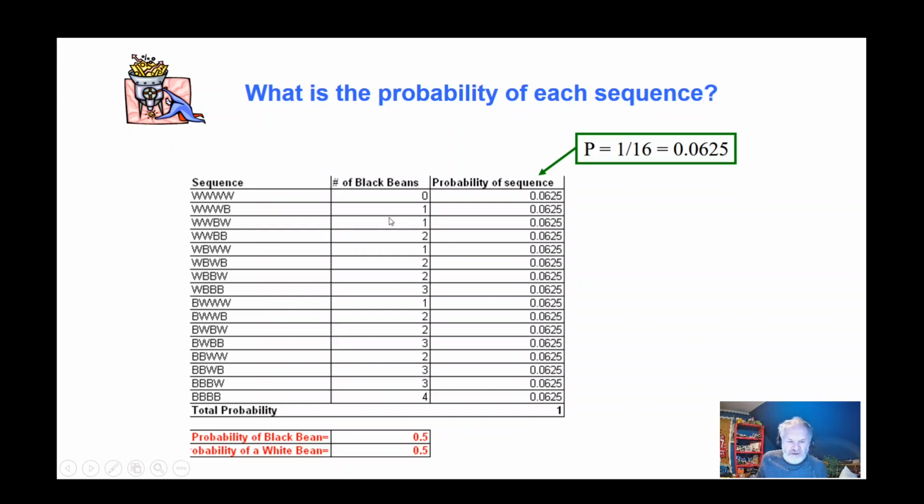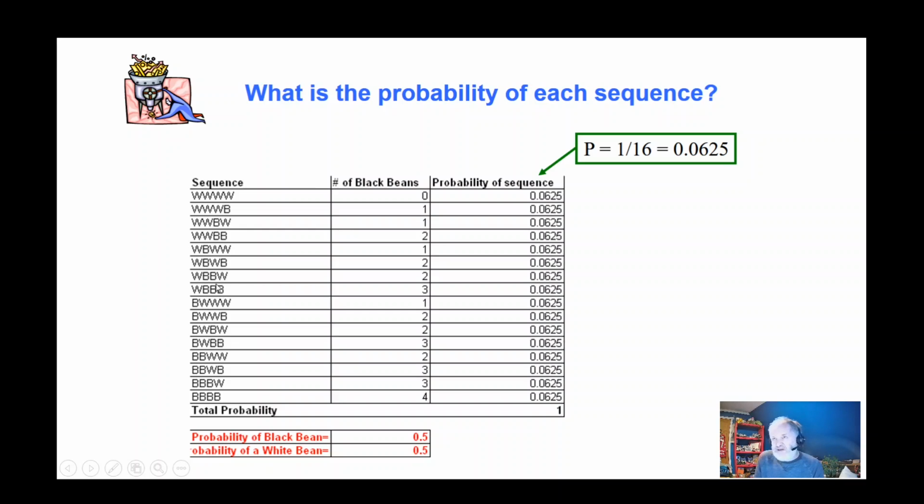Now I have here the number of black jelly beans. The first one is white, white, white, white, so 0 black. The next one is white, white, white, black. If I don't care about when I pick a jelly bean, and all I care about is how many black I pick, then there are 4 possible outcomes of picking one black jelly bean. I pick it last, second last, second, or first.